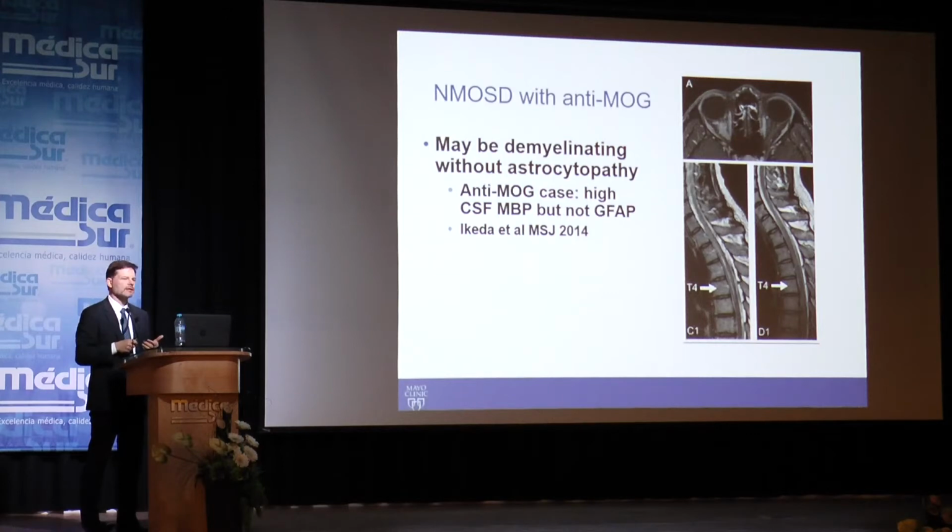It turns out in MOG disease, even though they look similar clinically and have a similar phenotype radiologically, one of the main differences you see biologically is that in CSF, you don't see GFAP at all, but you do see myelin basic protein. This is something you'd expect to see in a primary demyelinating disease.